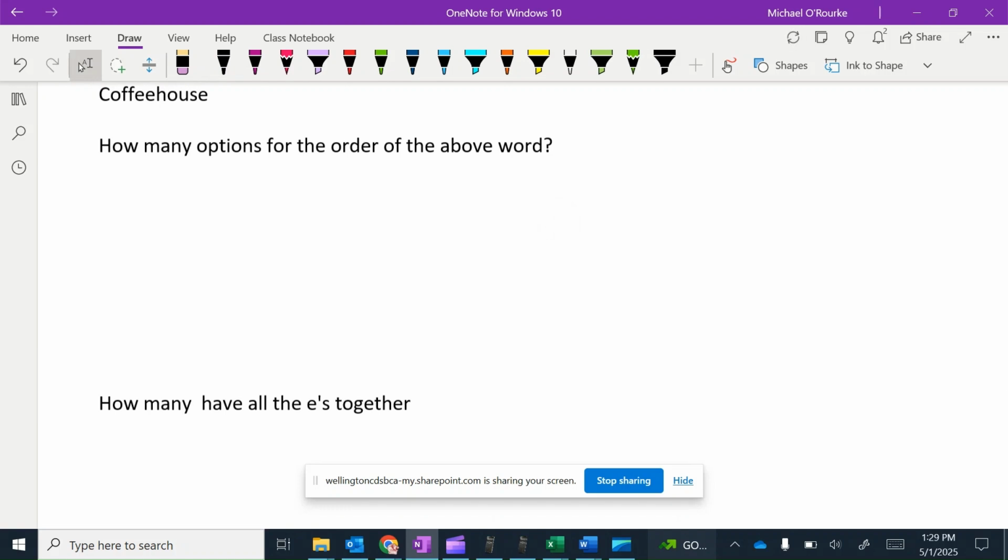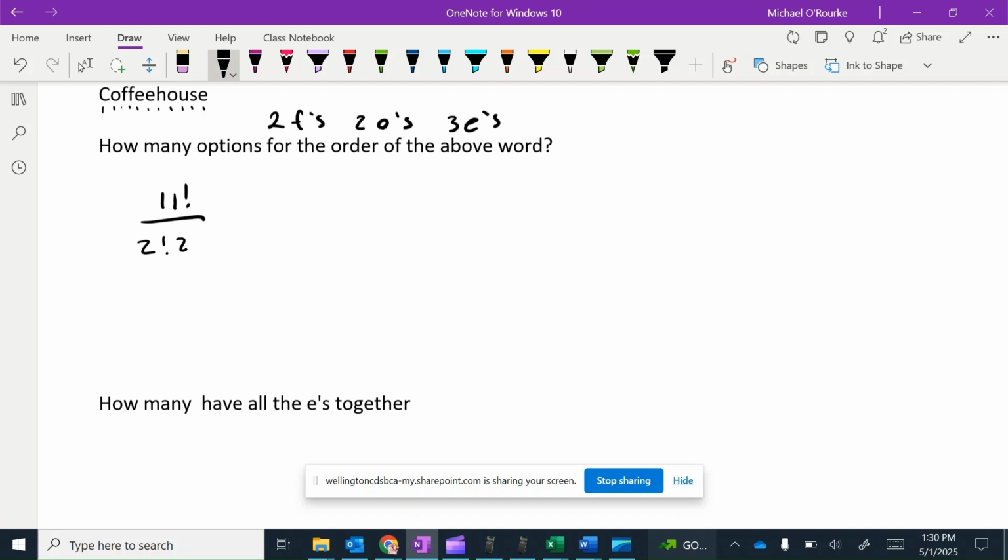All right. How many arrangements of the letters in the word coffee house are there? So coffee house has how many letters? 1, 2, 3, 4, 5, 6, 7, 8, 9, 10, 11 factorial. How many doubles do we have? We get 2 F's, 2 O's, 3 E's.